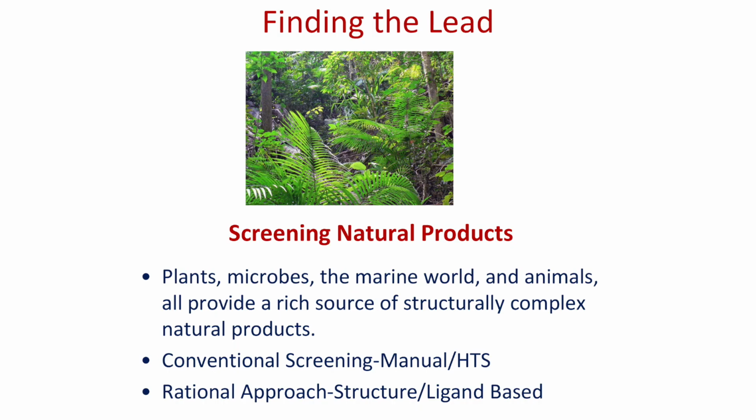This kind of lead molecule could be a synthetic molecule or a natural product. In fact, plants, microbes, the marine world and animals all provide a rich source of structurally complex and diverse molecules which could be exploited against the targets that we have in mind. And the screening process could be manual or it could be high throughput screening.